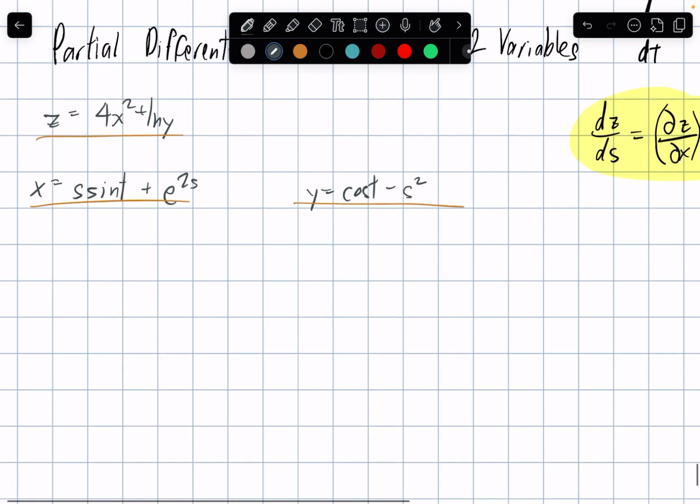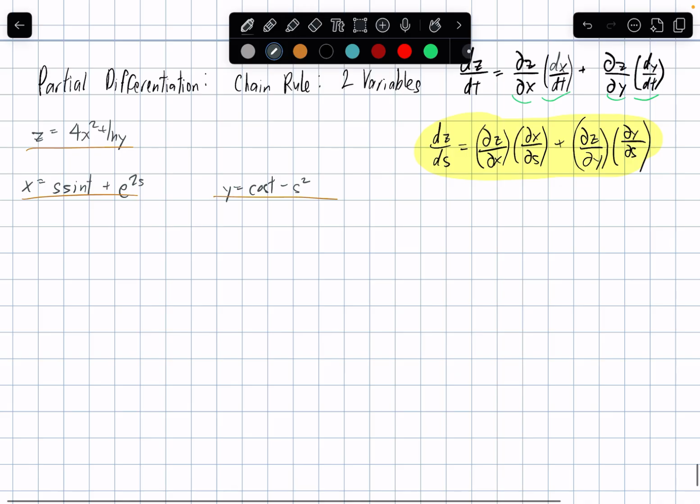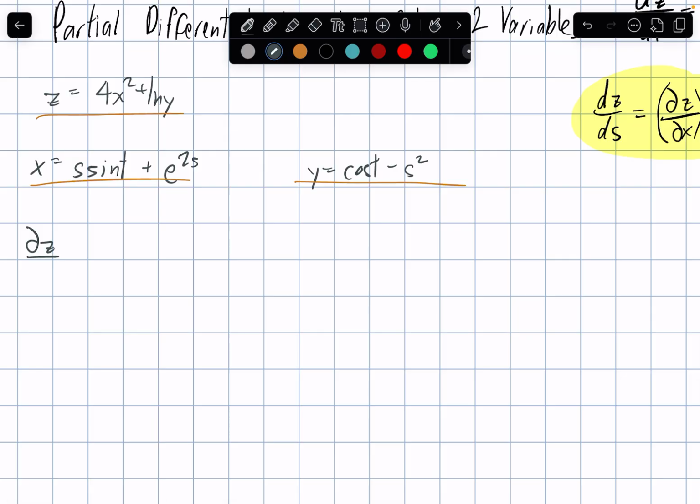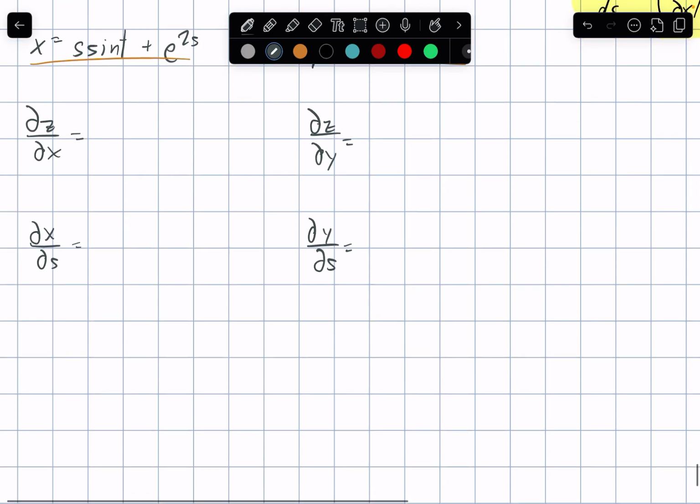So let's continue. We have to look for, this time, actually six things. So you have to look for partial z over partial x, partial z over partial y, as usual, partial x over partial s, partial y over partial s, partial x over partial t, partial y over partial t.